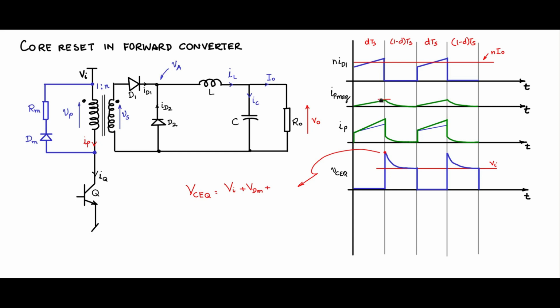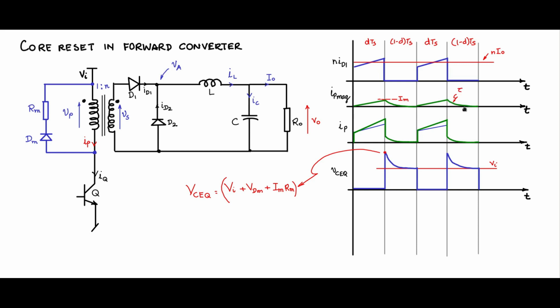If I say this value is Im peak at that point, Im into Rm will be appearing across. So this will be the voltage that will come across this transistor Q at the moment when it is being switched off. And then further on during the time 1 minus d Ts, it will start decaying down like this because Im is decaying down.